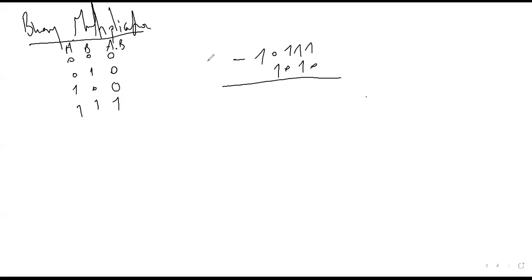But let's say we have this number A, we have this number B. The first thing you do, you multiply the number A with 0. This is 0 on B. So if you multiply the number A with 0, we get 0 times 1, 0, 0 times 1, 0, 0, 0, 0. That's the first thing you do.